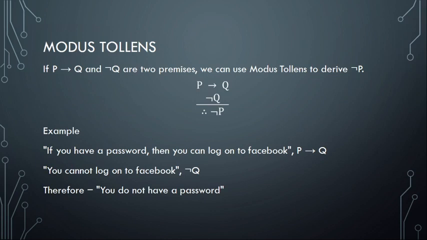Another one is the modus tollens. Sa modus tollens, mura ra siya og opposite sa modus ponens. So, it still has two premises. If P, then Q, so the implication, then not Q, the negation. So then the proposition Q or the variable Q is negated.